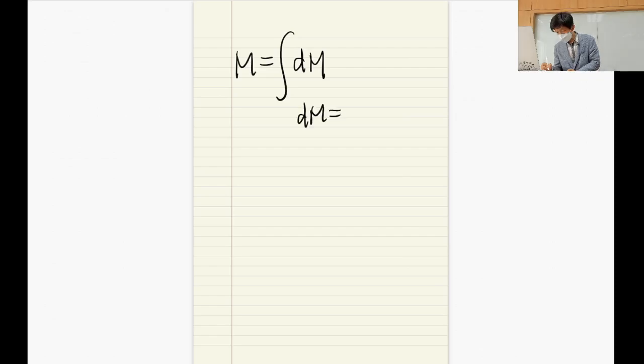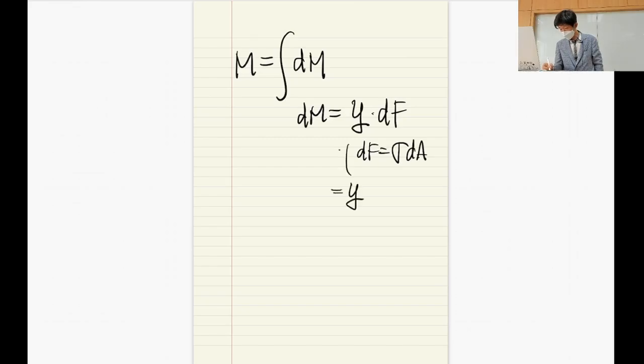The small moment is the small force times the distance, the arm length, isn't it? And here the small force is equal to the stress times the small area. So if you plug in here, everything is straightforward.